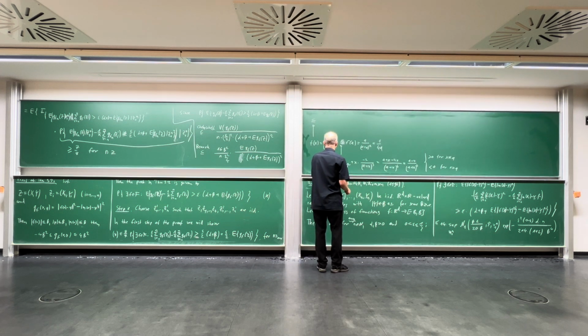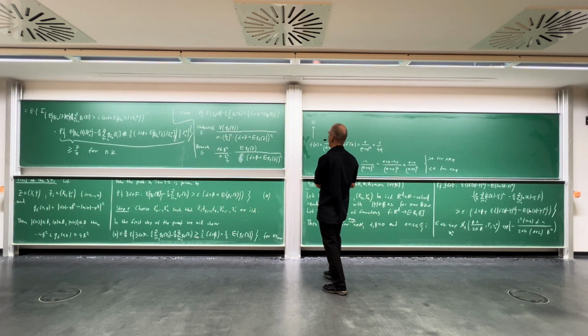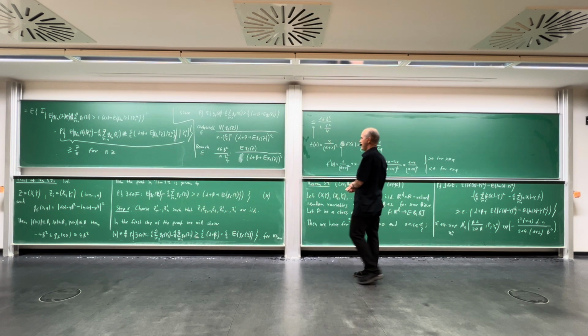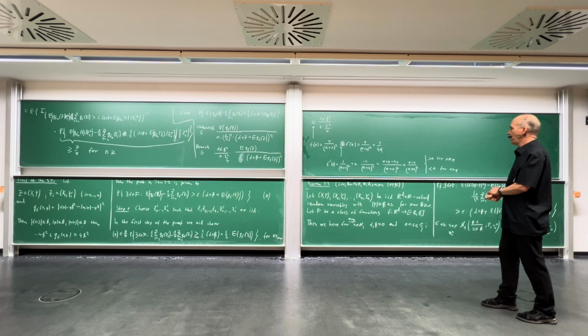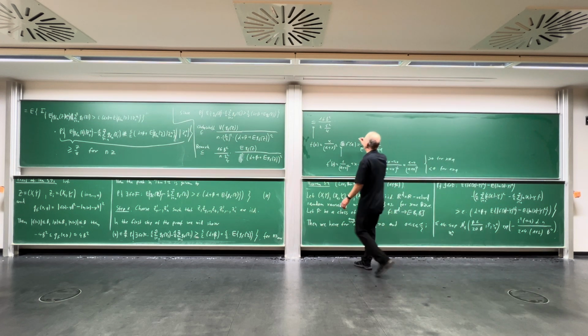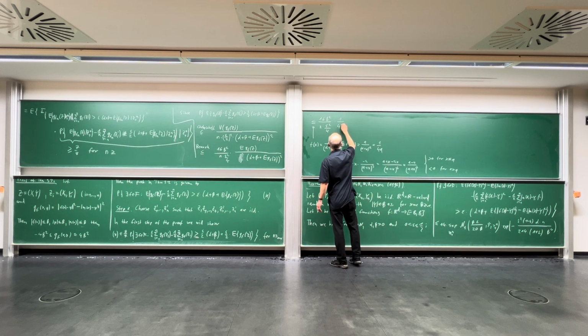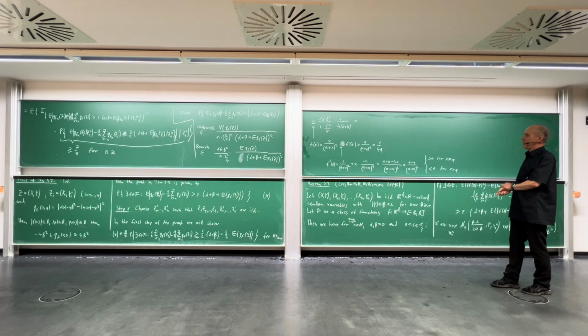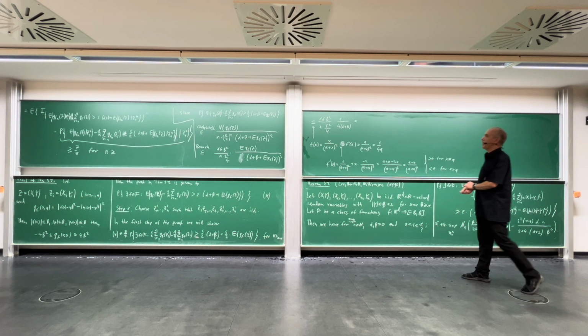That's 16 b squared divided by n epsilon squared, times 4 times 1 divided by 4. So we see the whole thing is 16b squared divided by n epsilon squared.